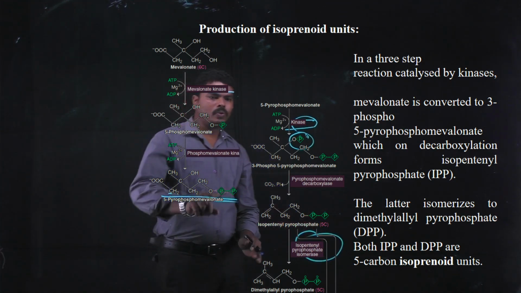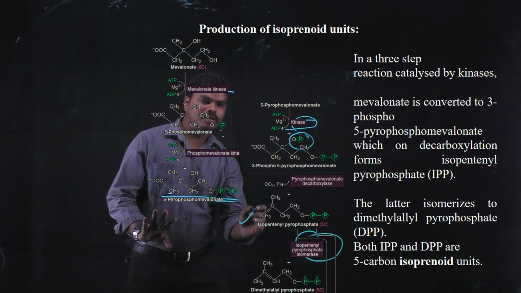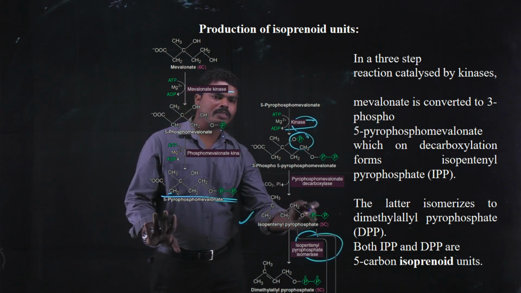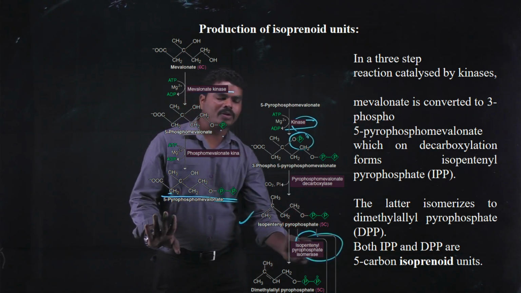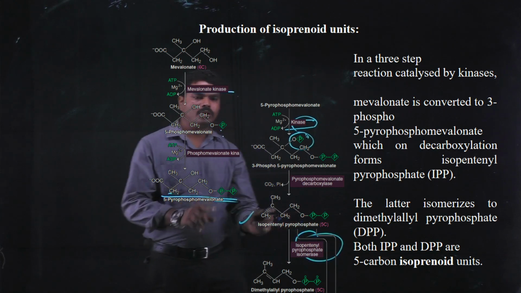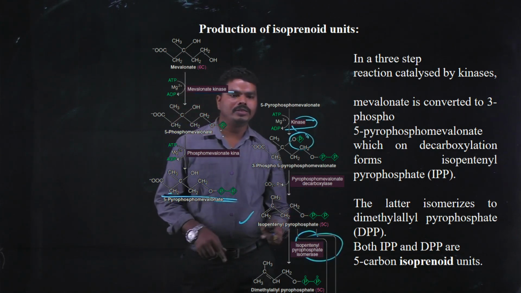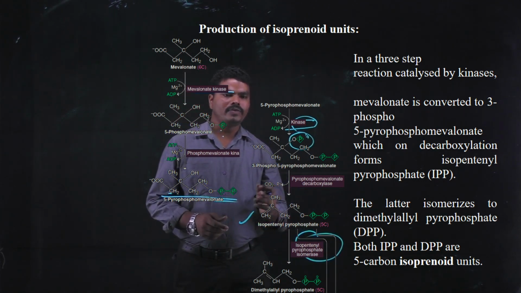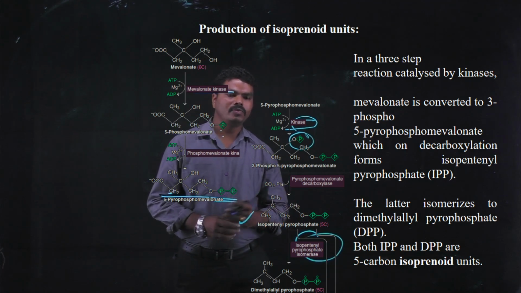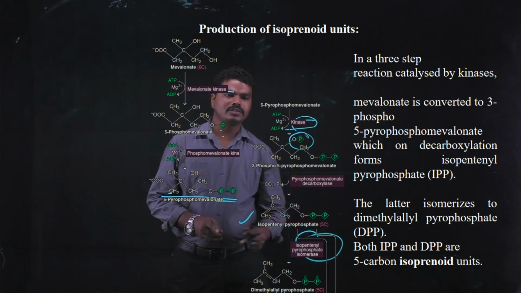These two molecules, isopentenyl pyrophosphate and dimethylallyl pyrophosphate, are called the isoprenoid units. Both are 5-carbon isoprenoid units. We know that isoprenoid units consist of 5 carbons.